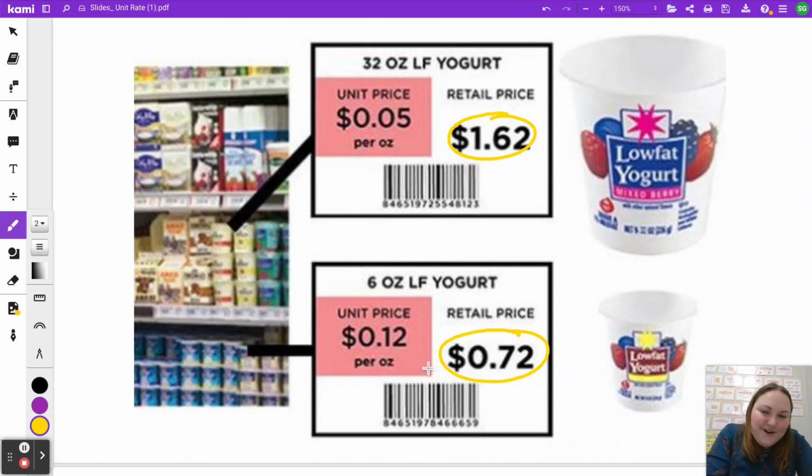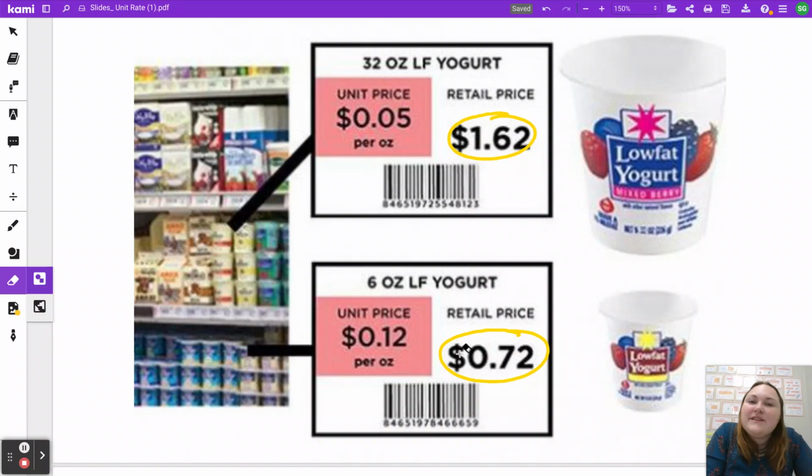The smaller yogurt costs 72 cents. And that's usually what I'm focused in on. But if I'm trying to compare and figure out what's the better deal, which one should I buy, there's also in a corner of that price tag lots of times something labeled unit price. That's that unit rate that we were just calculating for the peanut butter.